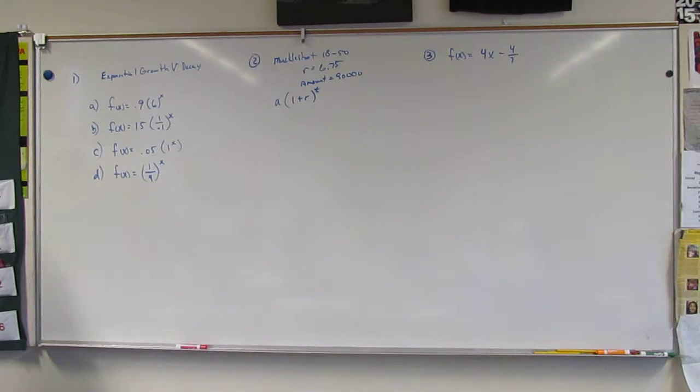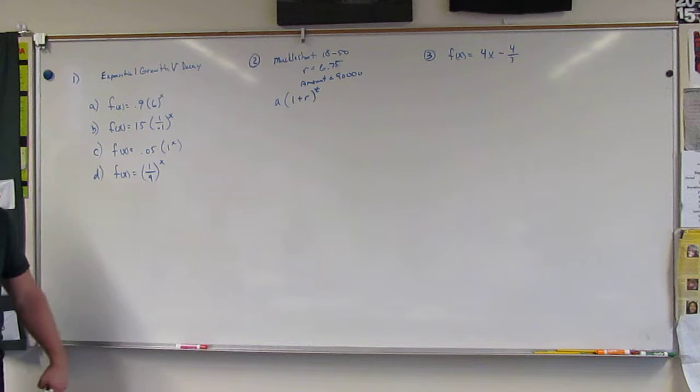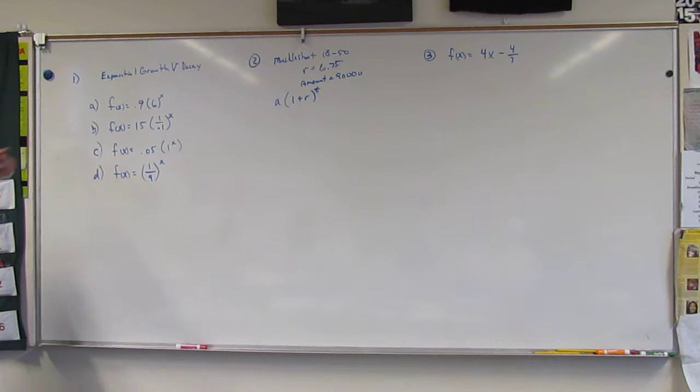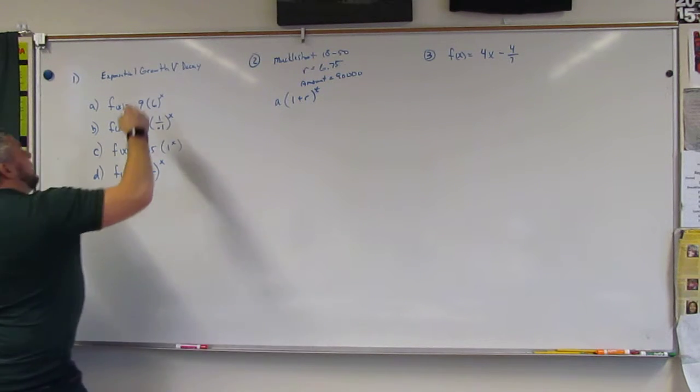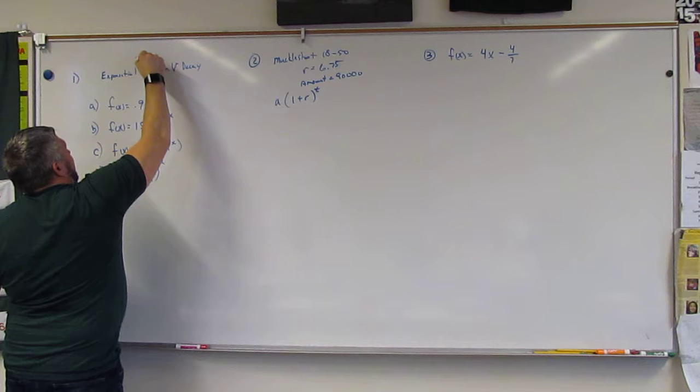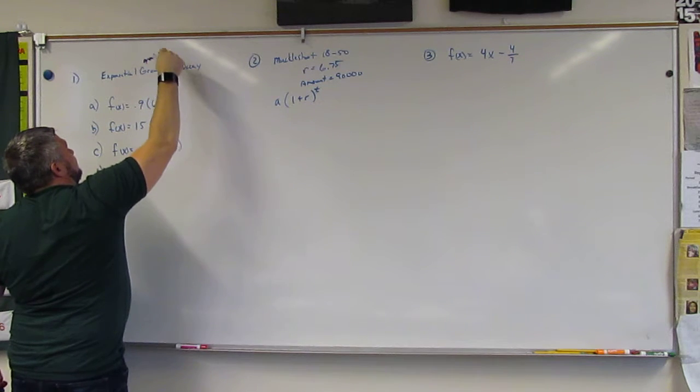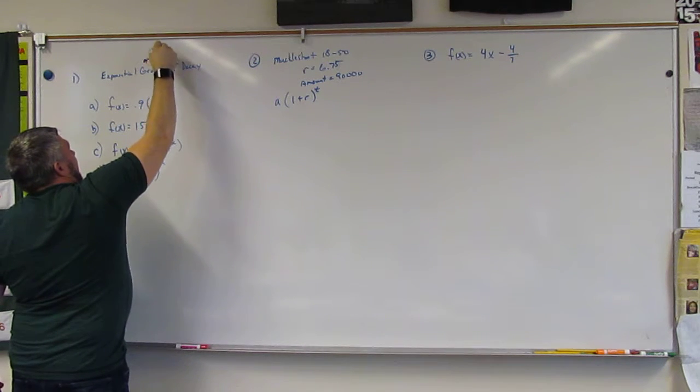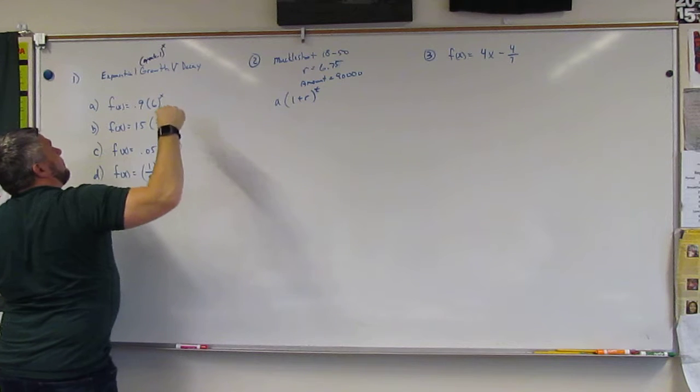Growth or decay. So the key to growth is that we're taking the exponent of something bigger than 1. So this has to be greater than 1, and you're raising it to an exponent.